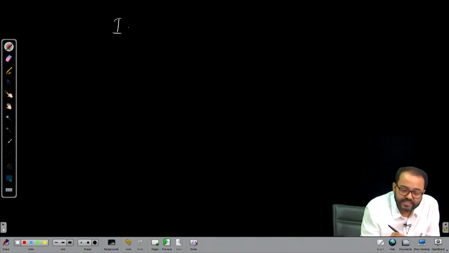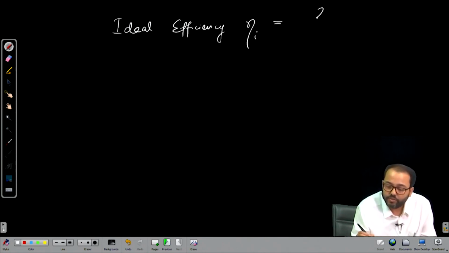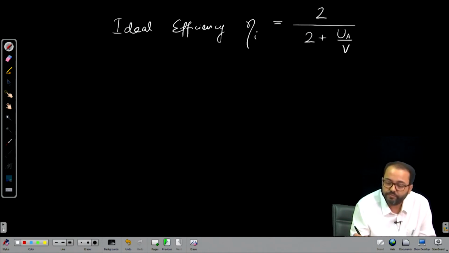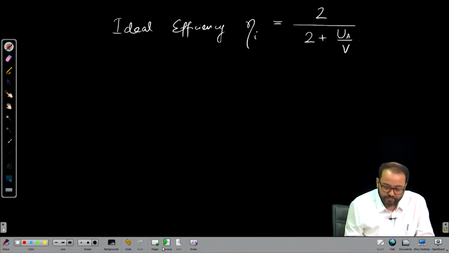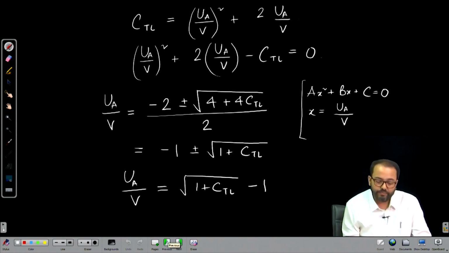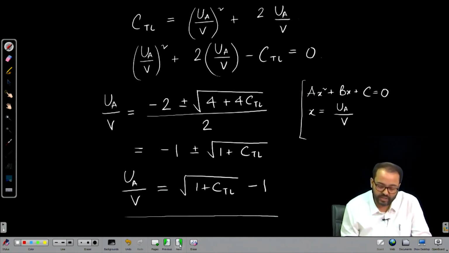The ideal efficiency eta I was 2 by 2 plus UA by V, right, and from the previous page we see that UA by V is root over 1 plus CTL minus 1.